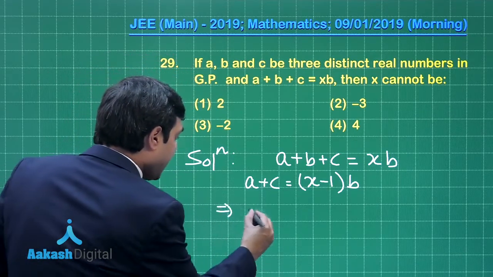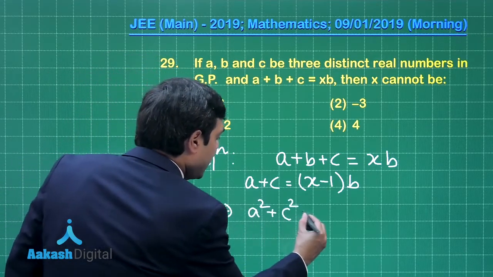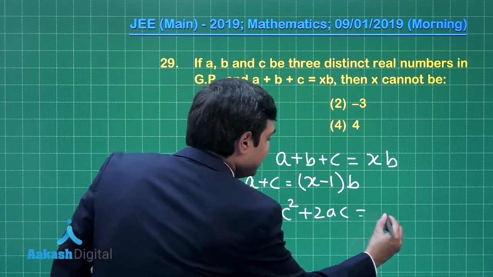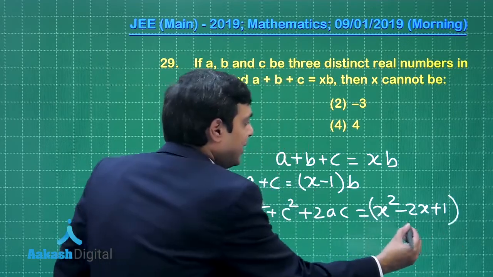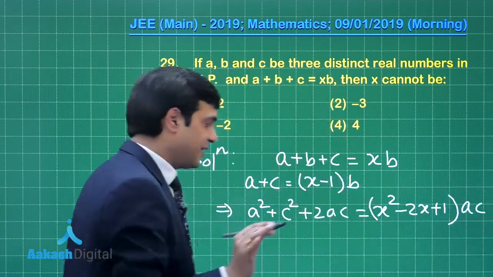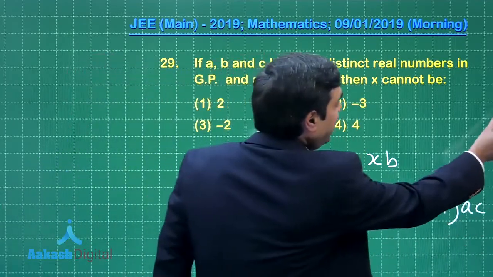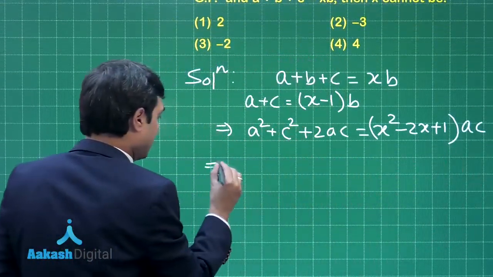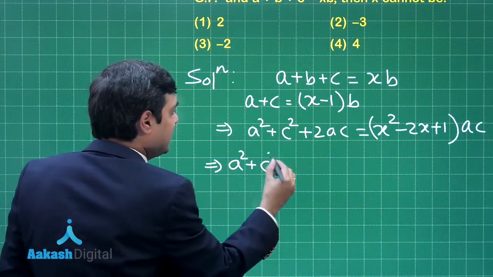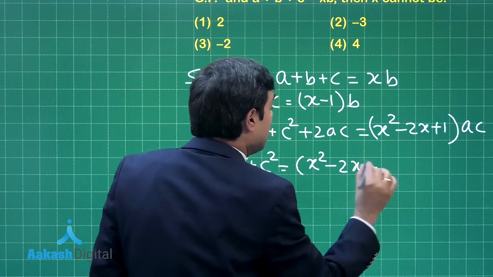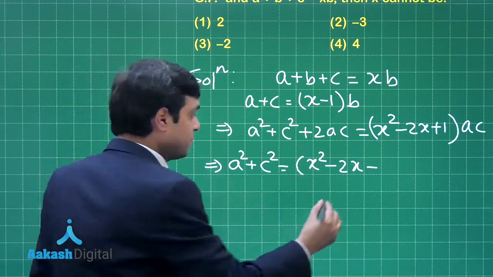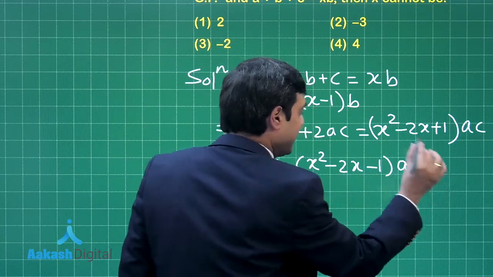Once we square, we have a square plus c square plus 2ac is equal to (x square minus 2x plus 1) into ac. This is clear. We can further rewrite this equation as a square plus c square is equal to (x square minus 2x plus 1 minus 2, that is minus 1 finally) into ac.